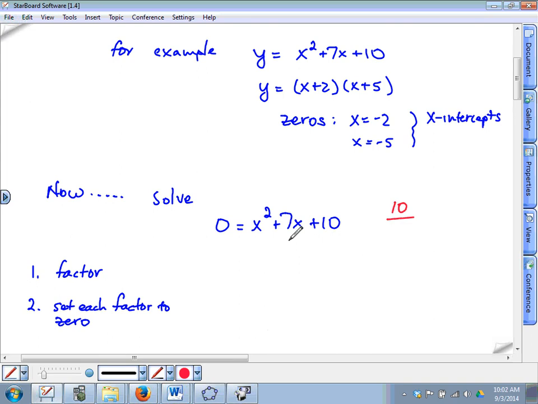What multiplies to 10 and adds to 7? Oh, come on. 2 and 5, right? So we have the 2, we have the 5. You already know how it factors because you can see it up here, but you need to get used to going through this process real quick. You switch the 7x into 2x and 5x.